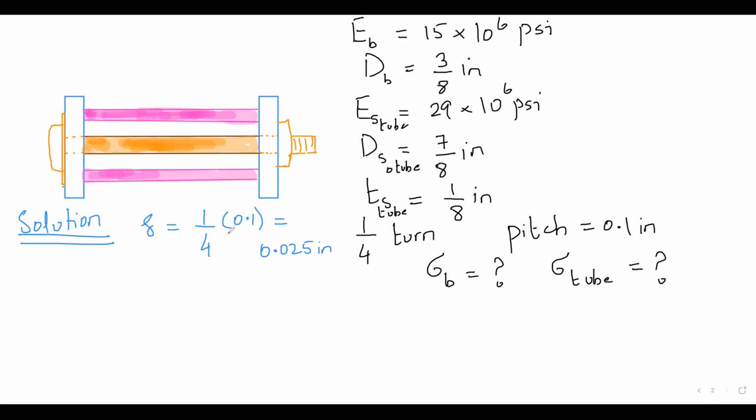After the nut has been fit snugly, it is tightened a 1/4 full turn, so delta will be 1/4 of 0.1, that is 0.025 inches.